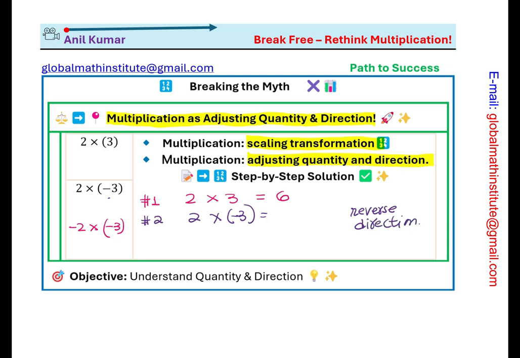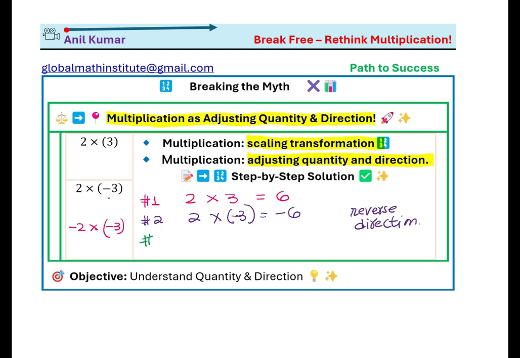In fact, every time you multiply by a negative number, direction reverses, right? So here, instead of plus, since the direction has reversed, we should get negative 6. Makes sense? Because of minus 3, right? So now you know the third step. So third step should be what, right?